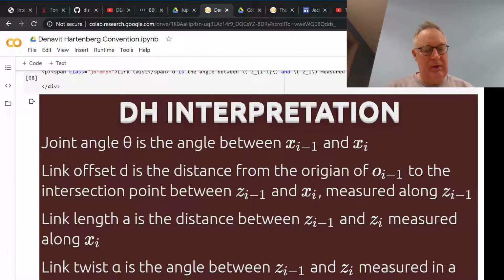So now let's have a look and see how we're assigning frames for kinematics using the Hartenberg Convention.